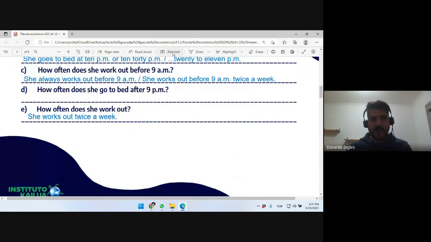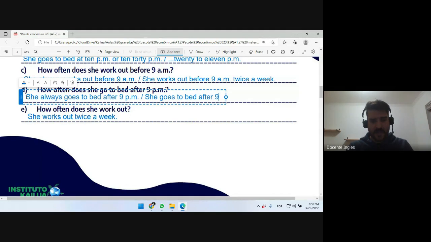So one possibility, she always goes to bed after 9 p.m., or she goes to bed after 9 p.m. 5 times a week.